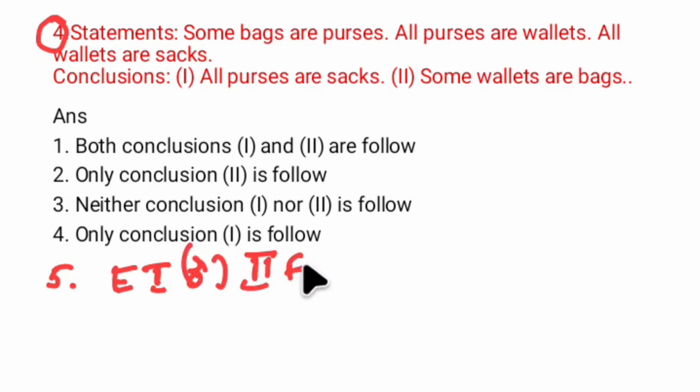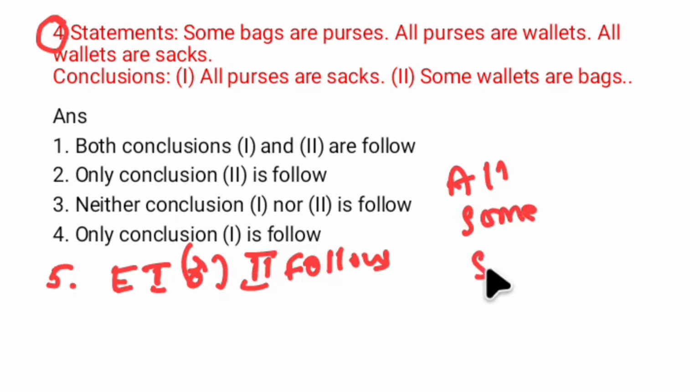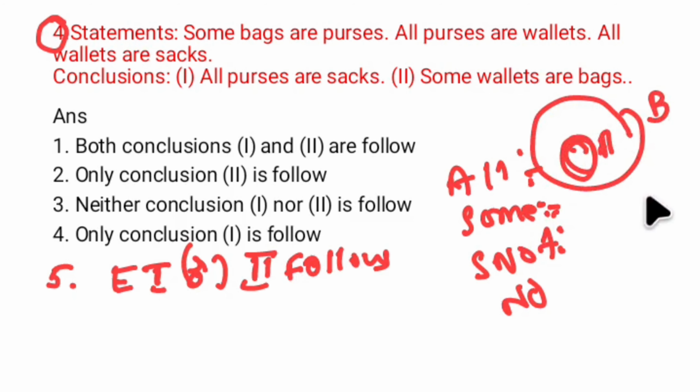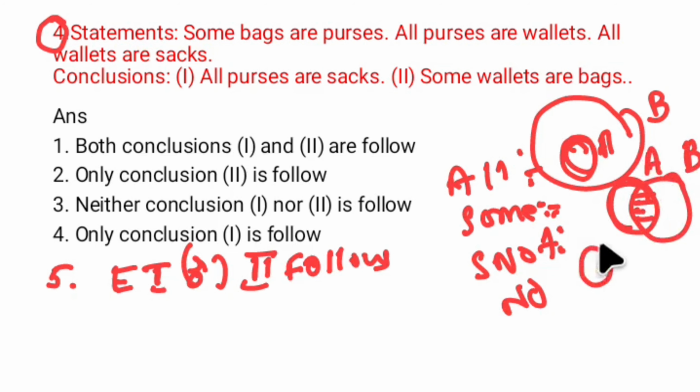So for the syllogism based questions, we have all, some, some not, and no. For all to be correct, A has to be completely present within B. For some, there must be some connection between A and B. For some not, if it is A, then it is B, and this part should not go within this.